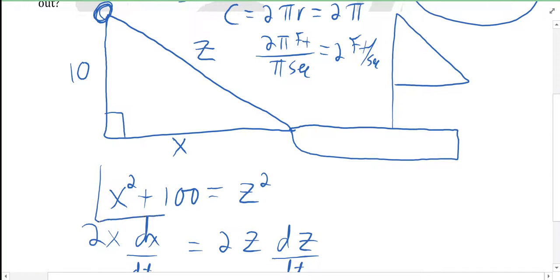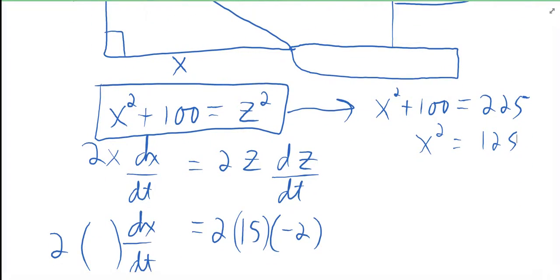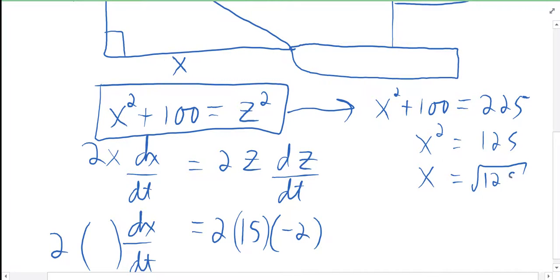In this case, we're going to use this equation to find x. We know that x squared plus 10 squared has to equal z squared, but z was 15, and 15 squared is 225. Okay, so x squared has to be 125, which means x is the square root of 125. And Joseph, you are absolutely correct.